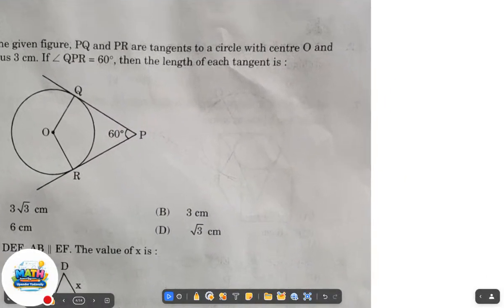Next, angle QPR, the angle at P, is 60 degrees. Then what is the length of each tangent? So we have to find the length of each tangent.